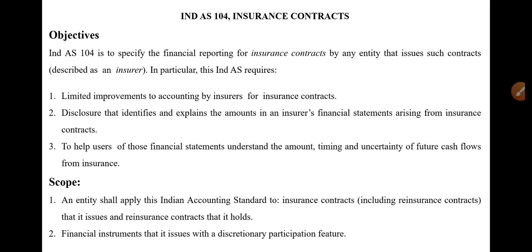And secondly, it covers the financial instruments that it issues with a discretionary participation feature. Whatever instruments are dealt with by insurance companies that have a discretionary participation feature. There are some instruments like the different policies of insurance companies, like life insurance policies, and in general insurance we have a number of policies.